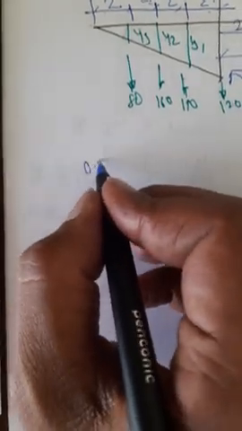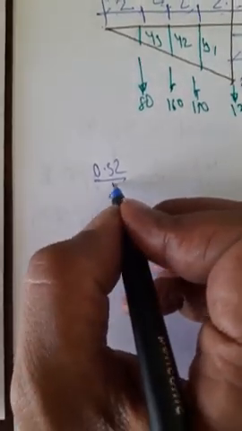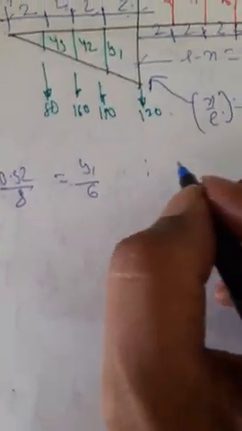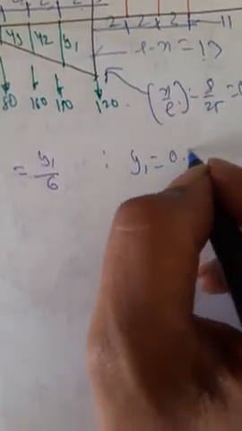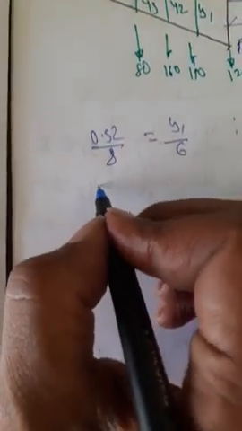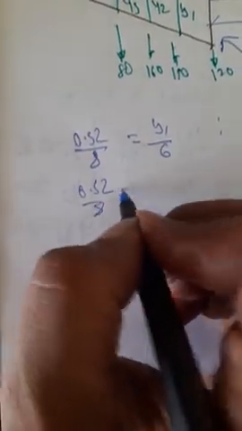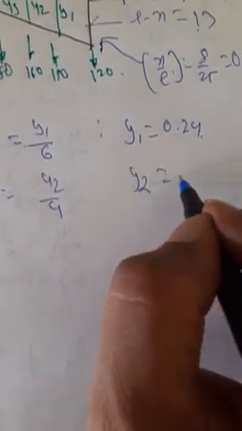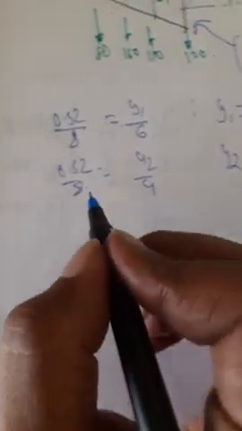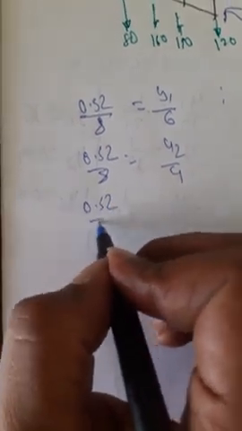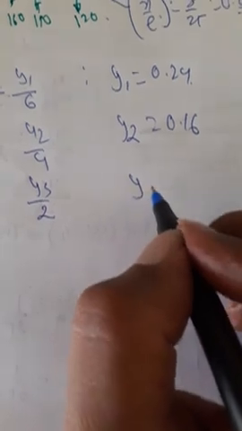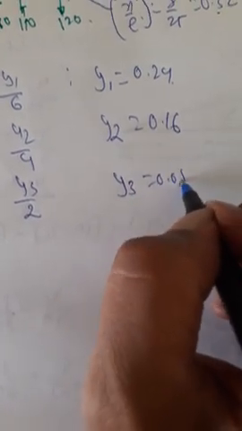So y1 is equal to 0.24. y2 value is 0.16. y3 is equal to 0.08.